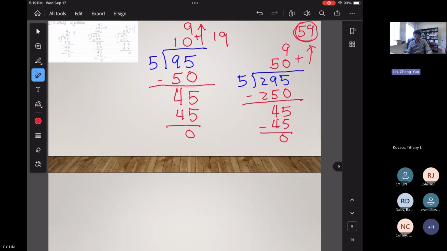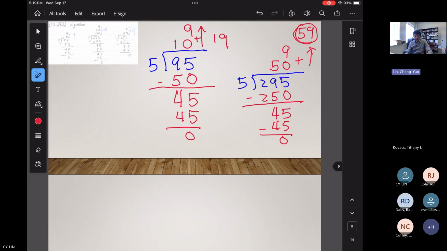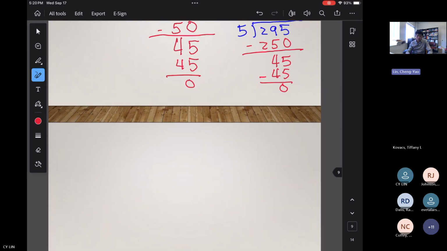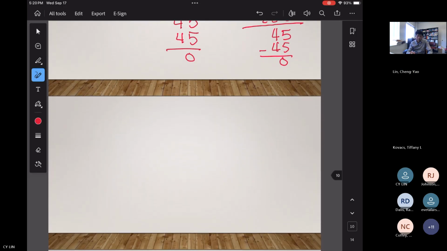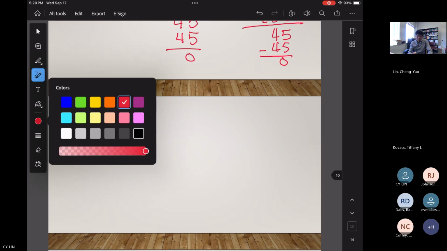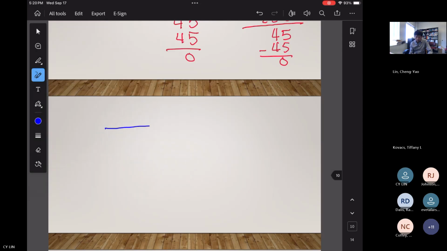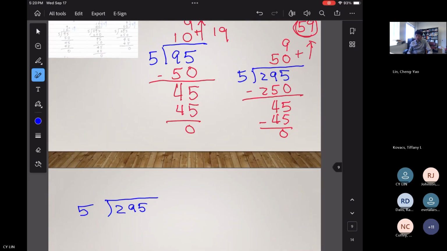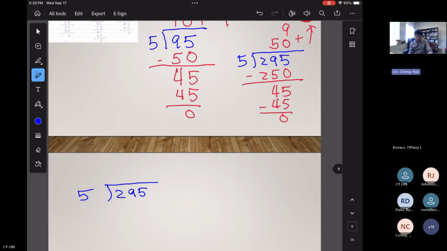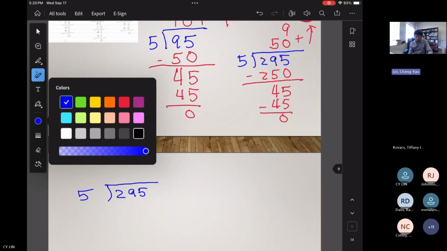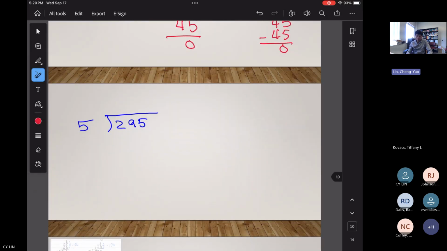And then here, the scaffold method is more of a focus on place value. Now, here is another question for the scaffold method. I think the scaffold method is more flexible, okay?